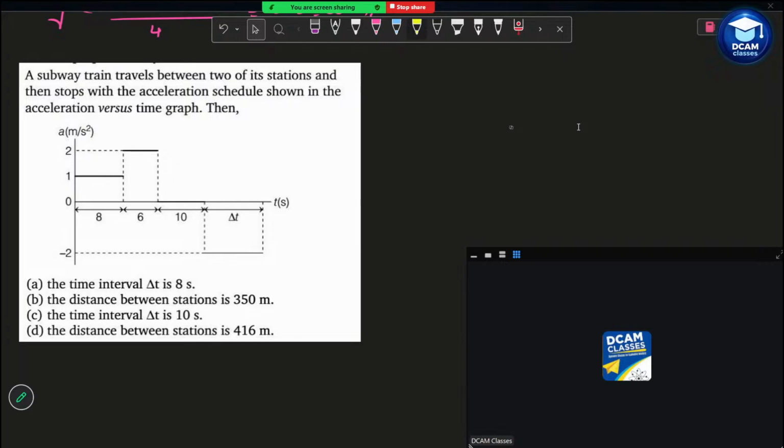Are you able to understand? Is it difficult? No, it's easy. I found one of the correct answers is C, right? The time interval C is one of the correct ones. I'm finding B or C, B or D. Very good. What about you, Satvik? Did you find the answer? Yeah, I got the interval as 10 seconds. The second one I'm doing. Okay, C also. You have also got C, right?